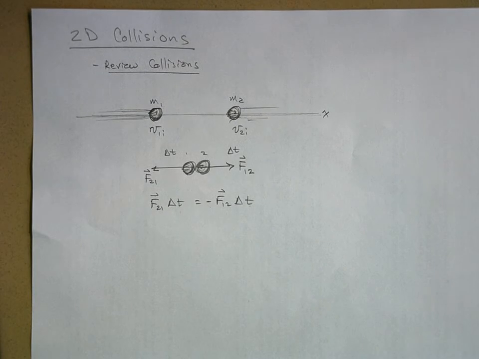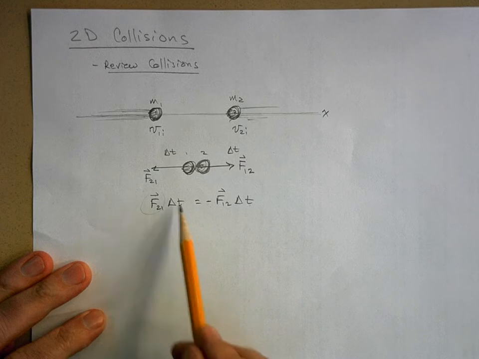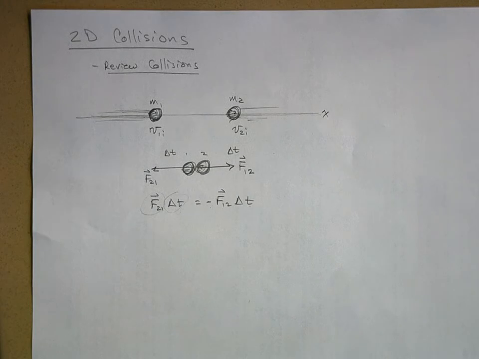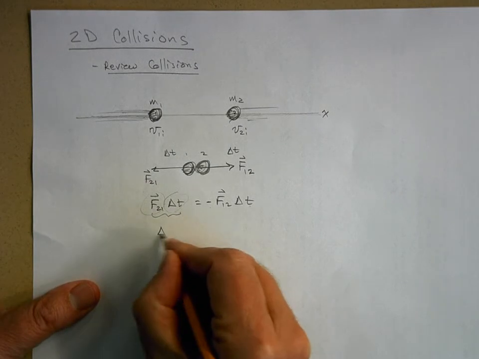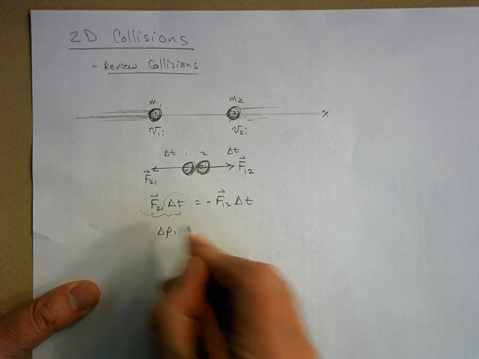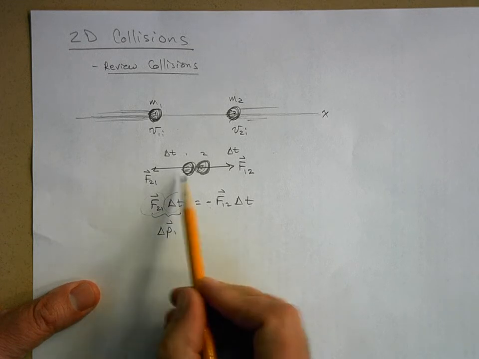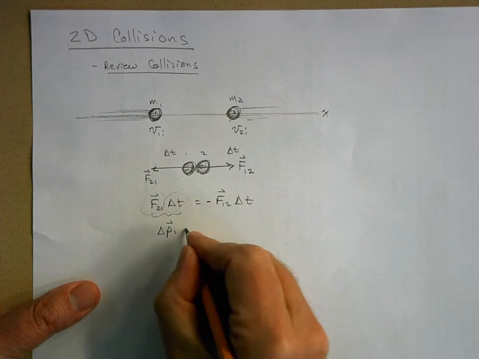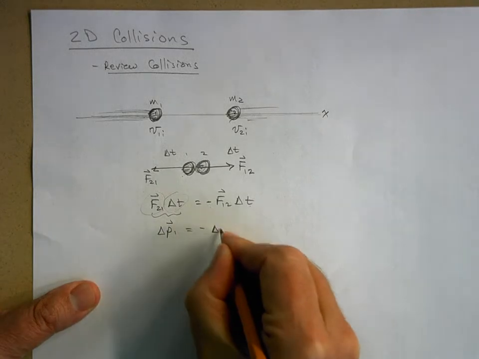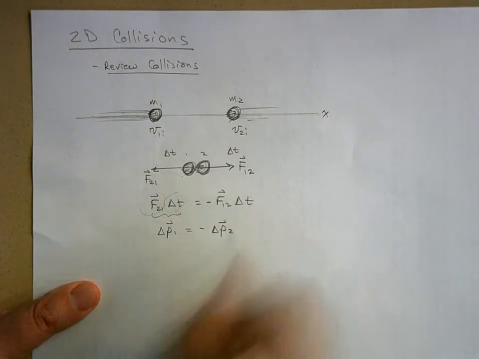Well, we have the impulse-momentum theorem. A force times a period of time we showed to be equal to the change in momentum of the object. So this represents the change in momentum of object 1, and that's equal and opposite to the change in momentum of object 2.